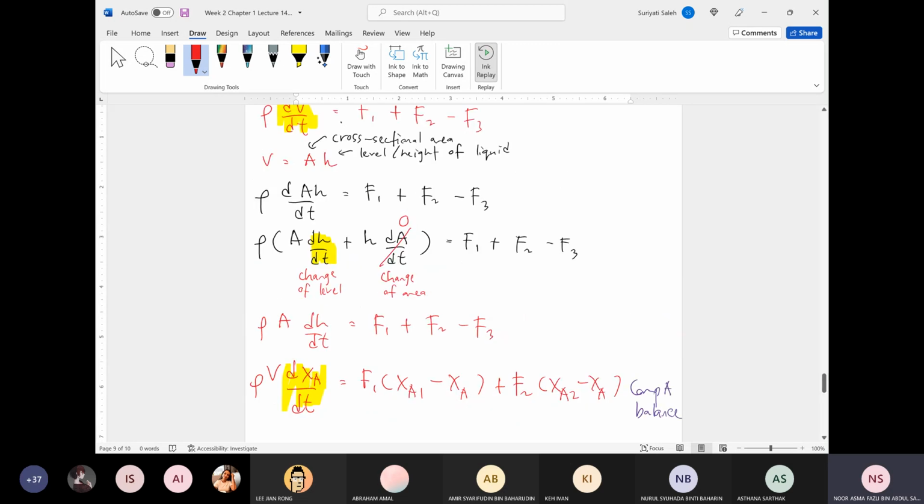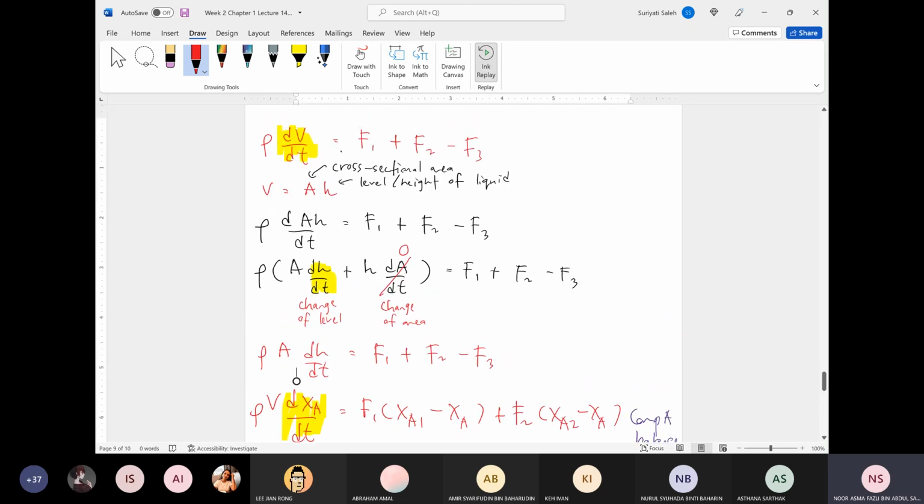Here either you can finish with dV over dt or you can further expand to dH over dt. Both are acceptable. It depends on the question. Sometimes they ask you to determine the level. When the question asks you to determine the level, this means you need to obtain dH over dt, where H stands for the level or height of your liquid solution.